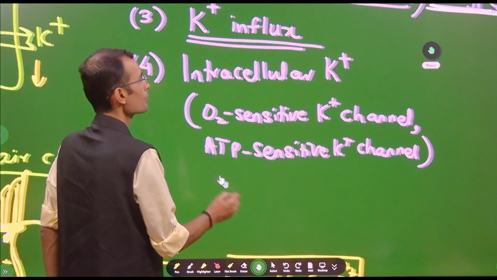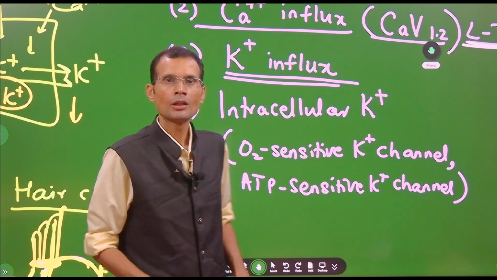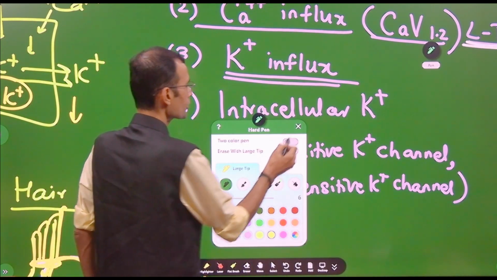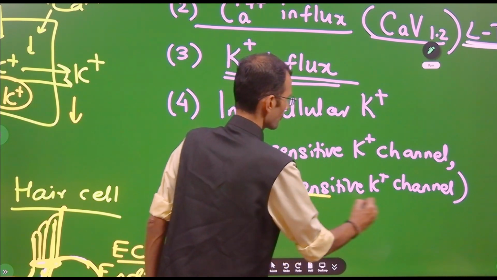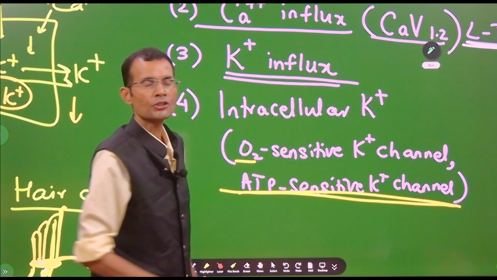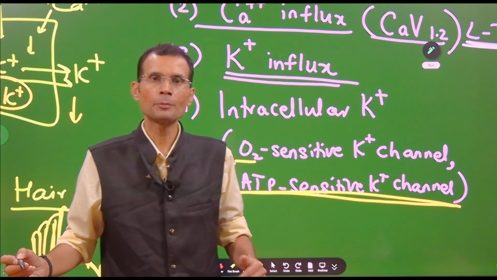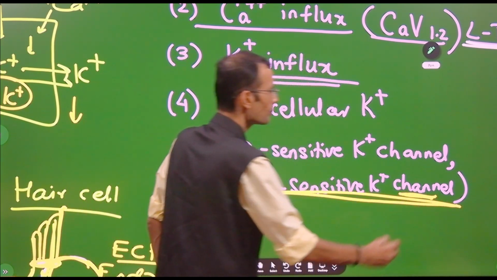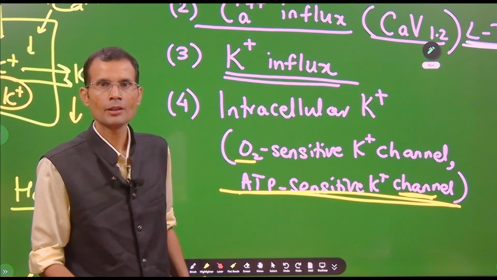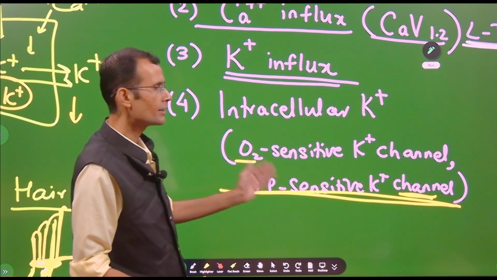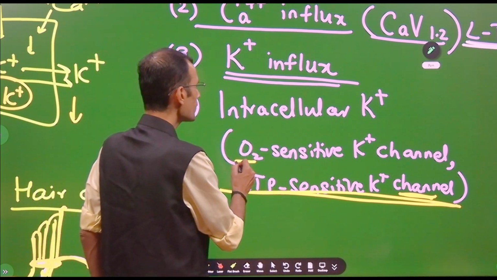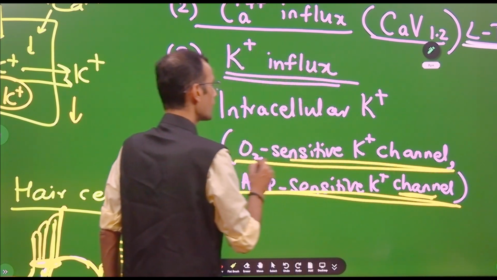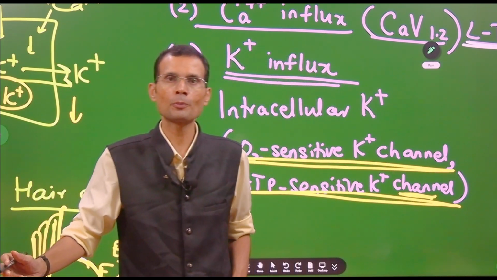The question is, where does this happen? There are ATP-sensitive potassium channels which sense the intracellular ATP and close down. So this happens in the pancreatic beta cell. The cell is depolarized by this potassium. Or there are O2-sensitive potassium channels, which sense the oxygen level.